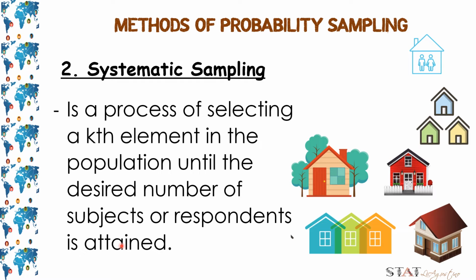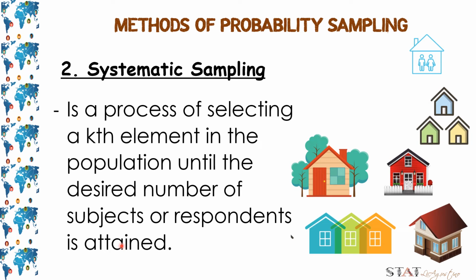And then I will say every third student in the list, or in the sampling frame, will be my respondent. So 3, and then 6, and then 9, and then 12, they are my respondents.